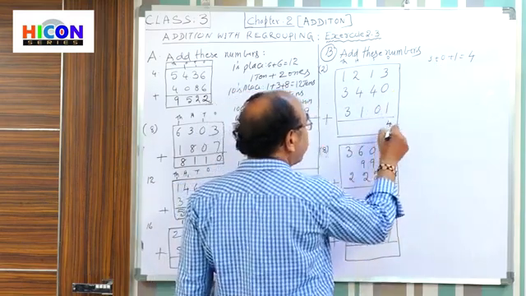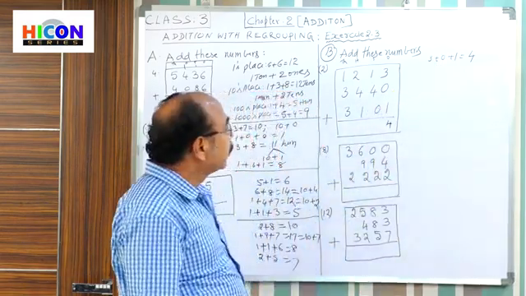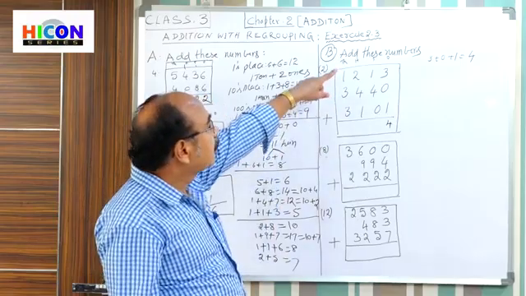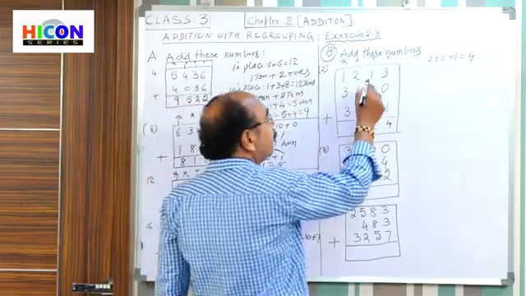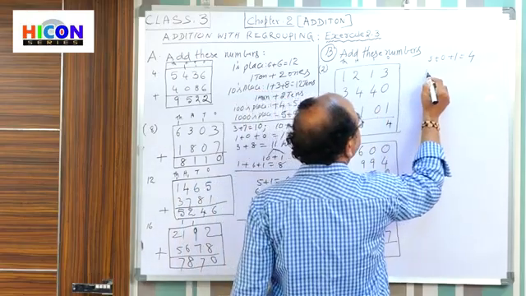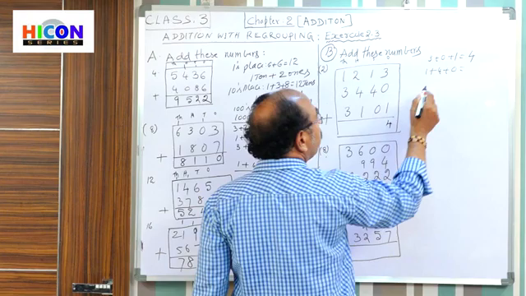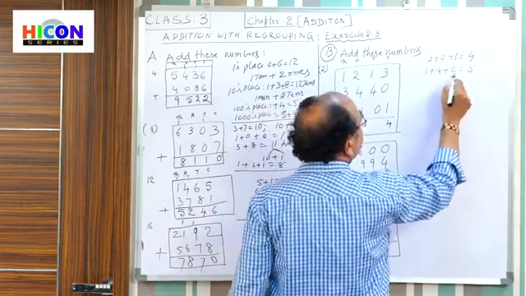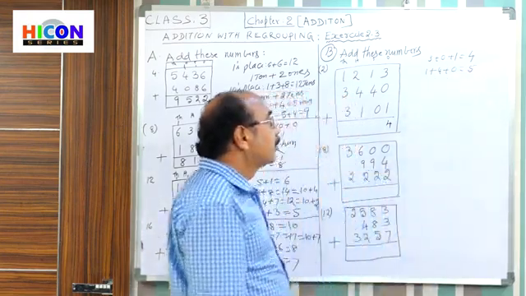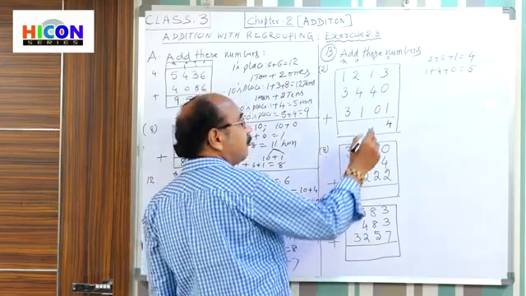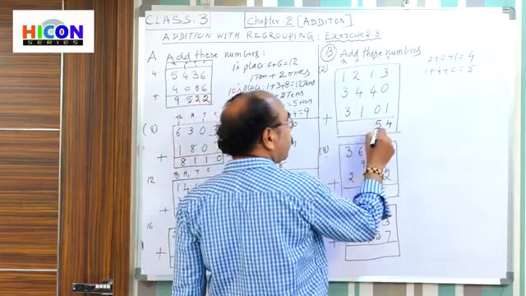So 4 we write in the ones place. Now take the digits in the tens place. 1 plus 4 plus 0. How much? 4 plus 1, 5. 5 plus 0, 5. Single digit, this is also. So 5 in the tens place.